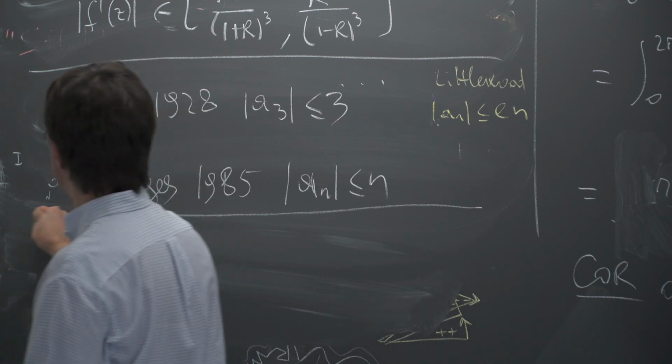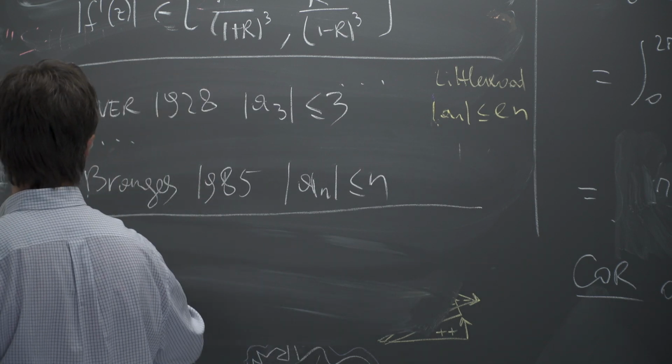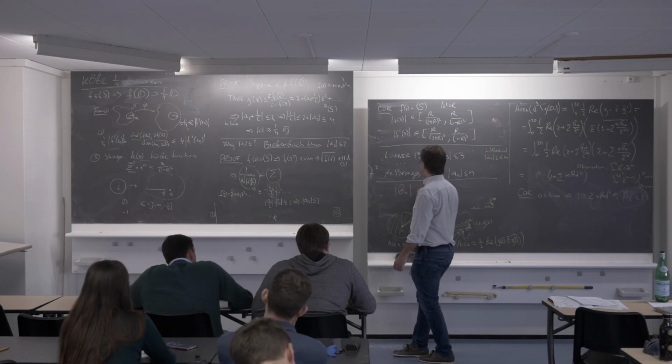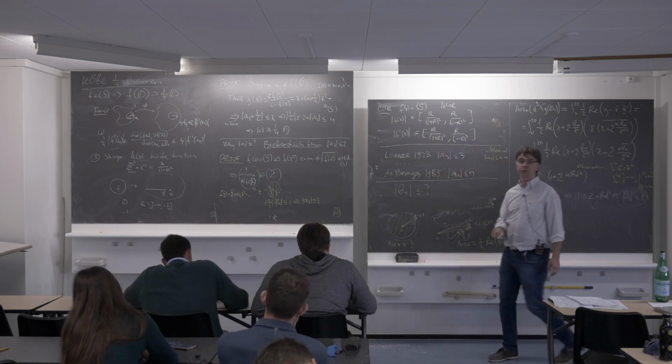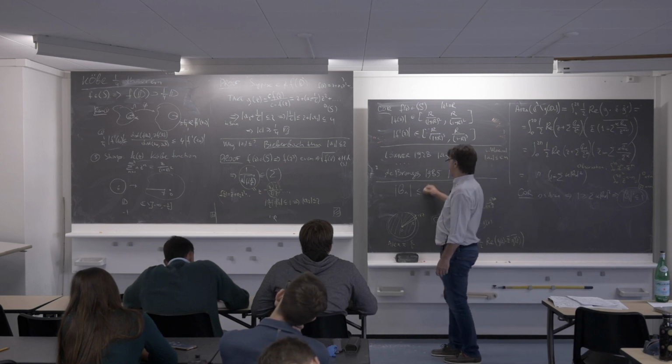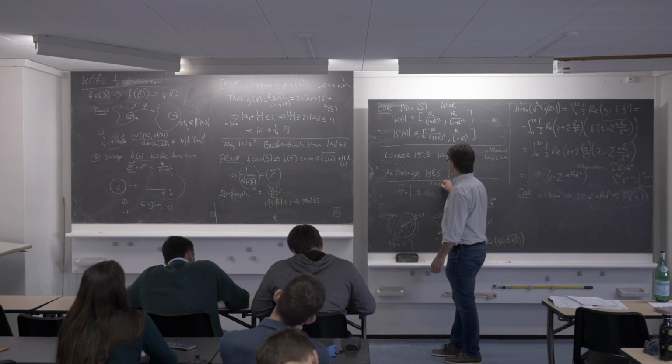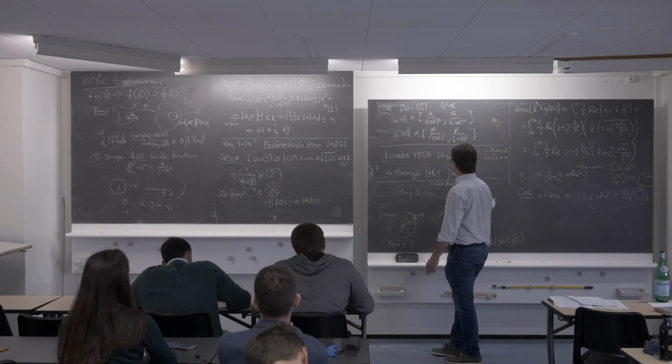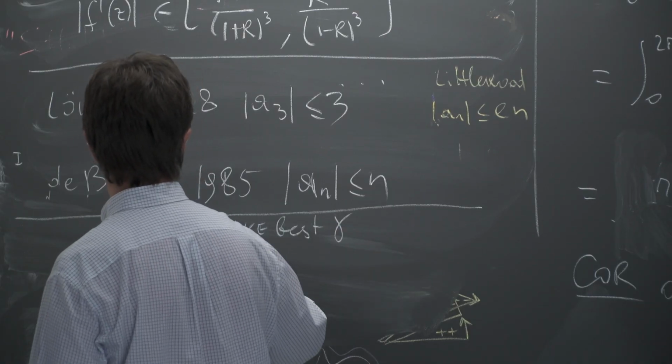If you do the very same thing and ask what B_n is for the class Sigma, no one knows. Take the best gamma, so that B_n is no more than n to the power gamma minus 1.